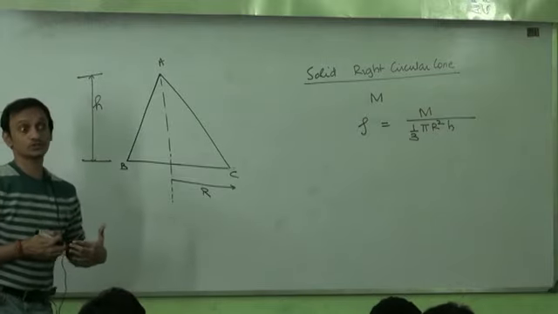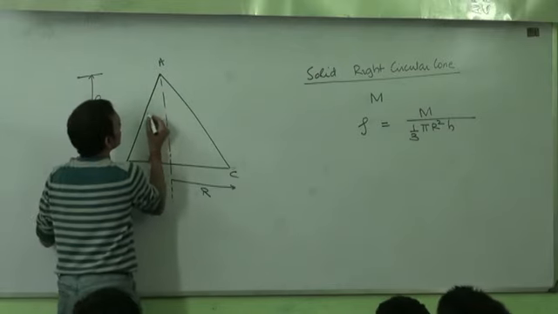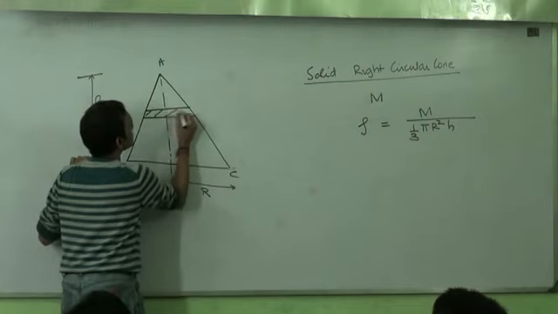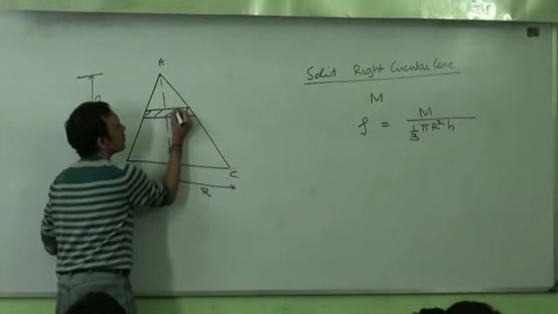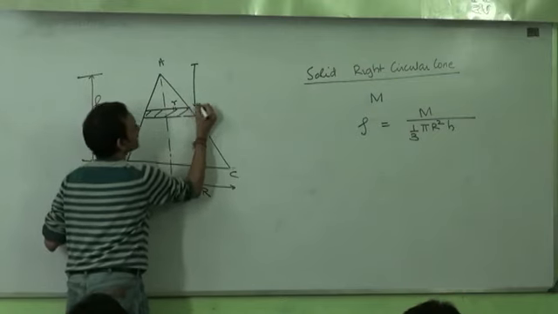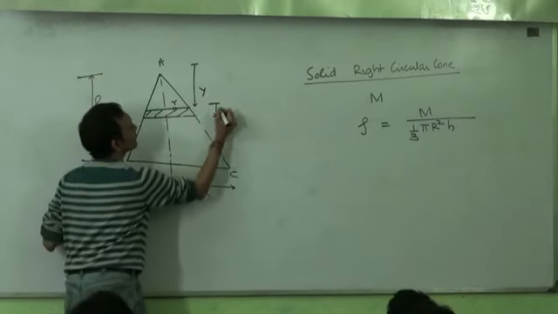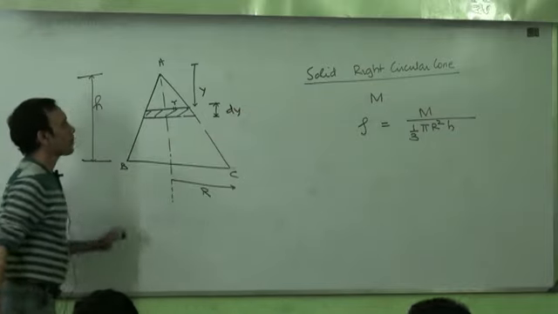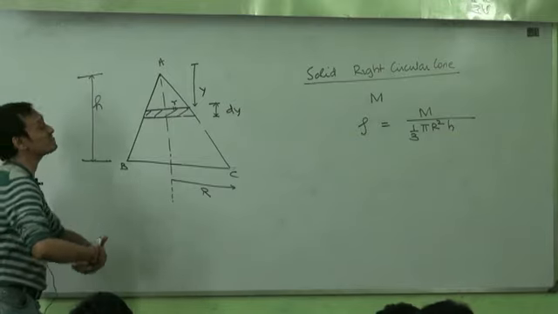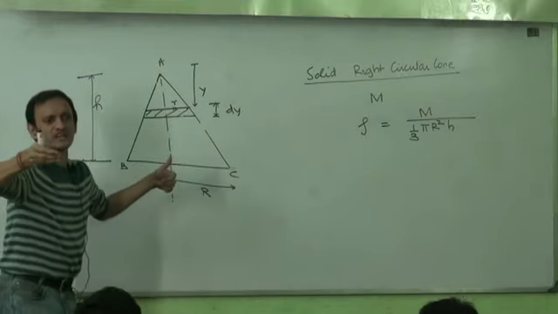Now, what we can do for this solid cone is break it up into several discs. This is a certain disc of radius small r, located at a distance y from the apex and of thickness dy. Do you realize that the right circular cone is actually composed of several such discs having a common axis but different radii?